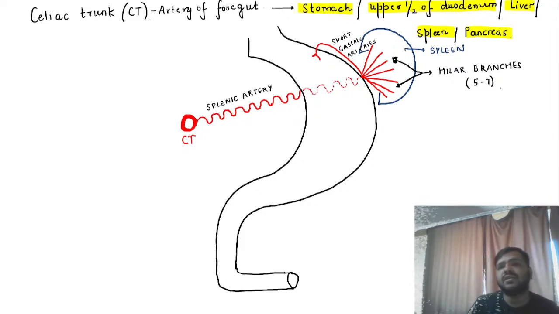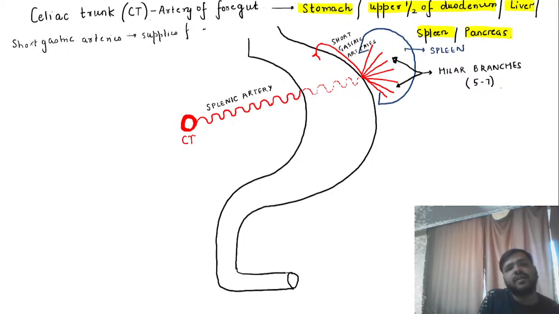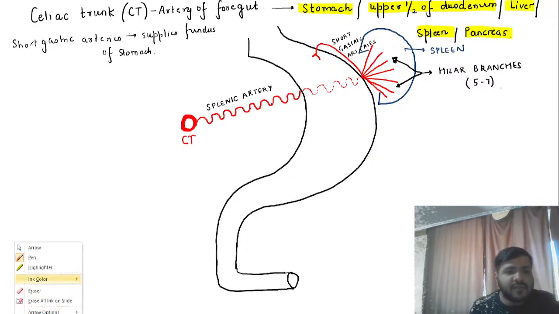I don't have space over here, otherwise you should write that short gastric arteries supply the fundus of the stomach. The splenic artery will give one more branch, guys.